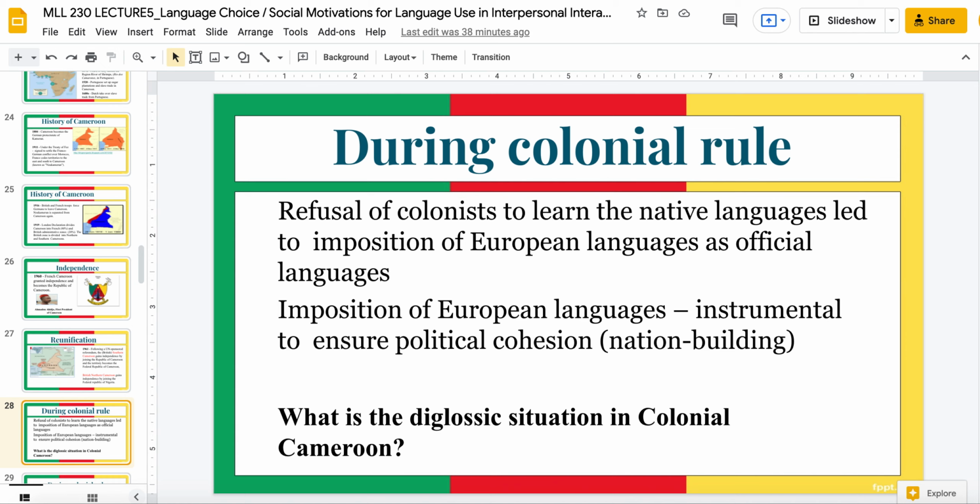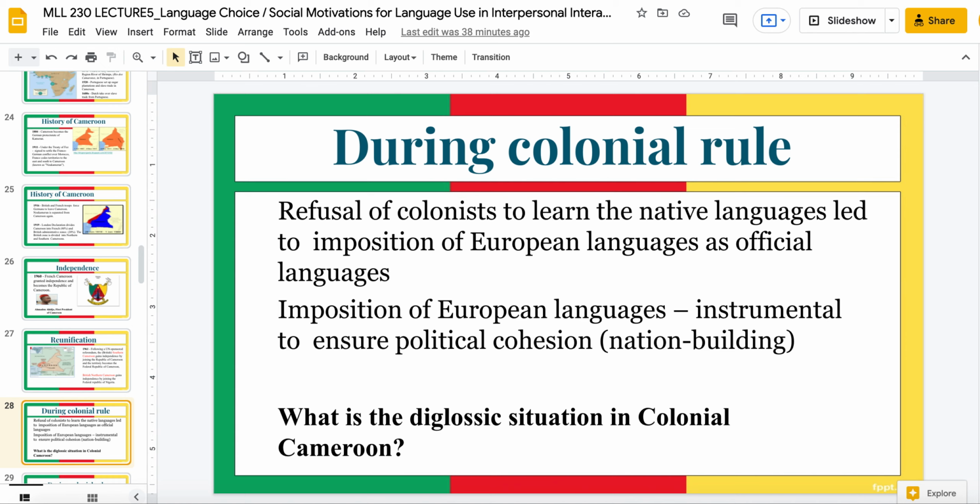In this case, the colonists were like, I'm not going to speak your native language. You're going to speak my language. So, obviously a lot of power dynamics here, but they were able to impose their European languages as the official languages. The reason they gave was that they wanted to ensure political cohesion.